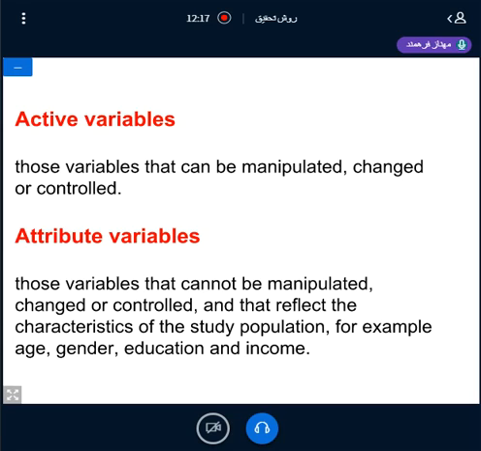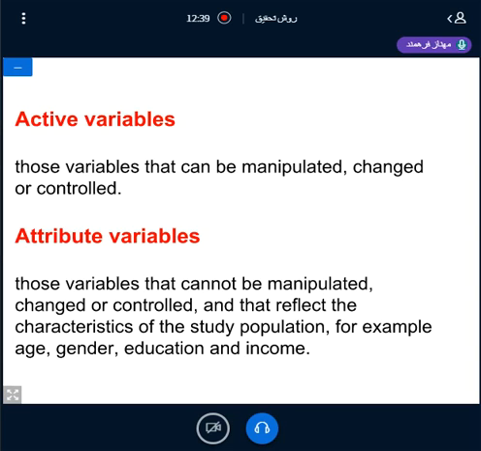Attribute variables are those variables that cannot be manipulated, changed, or controlled.